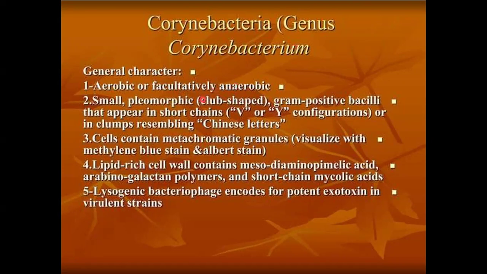Okay. Then cells contain metachromatic granules visualized with methylene blue stain and Albert stain. Very high yield. Okay. So the Albert stain is also known as the Neisser stain. You see metachromatic granules.